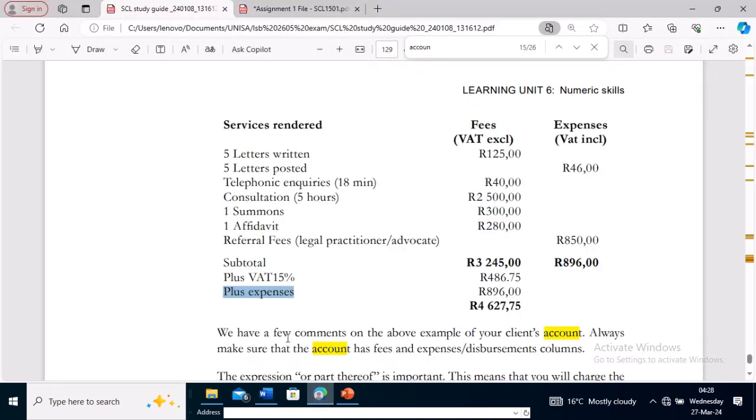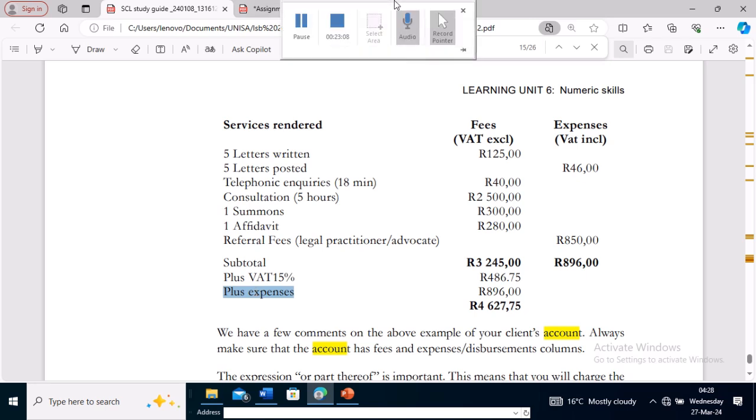Then once we are done with subtotal, we need to plus VAT. When we are adding VAT, we are adding VAT on the things which we did not calculate the VAT on. As I have explained, when you add VAT, if the items are from the same store, they're going to add VAT on those things at the same time.